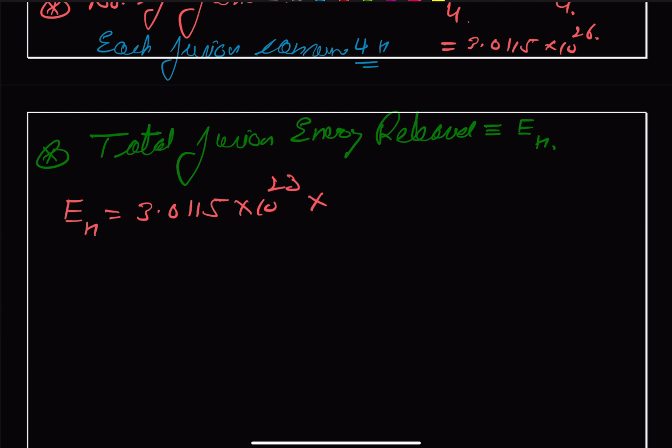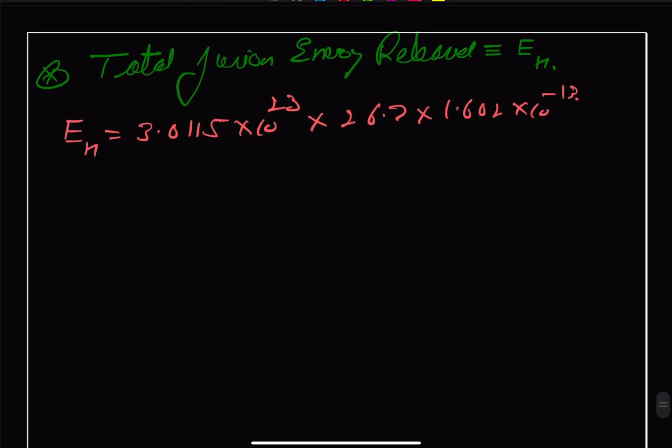Energy released is our 26.7, and this is in mega electron volt. So we are going to convert into joules, that is 1.602 into 10 to the power minus 13. And we get that our energy E_H is approximately equal to 1.29 into 10 to the power 15 joules.